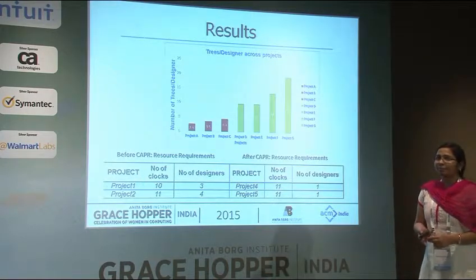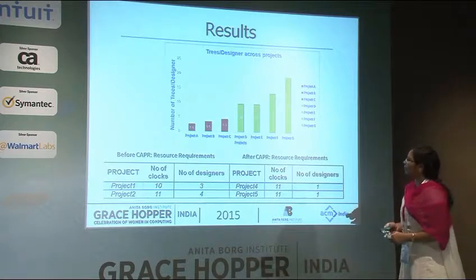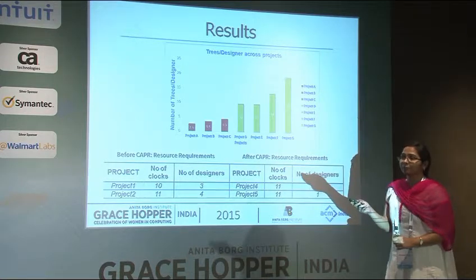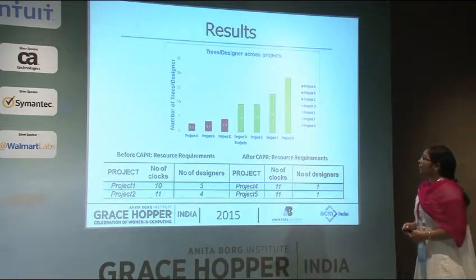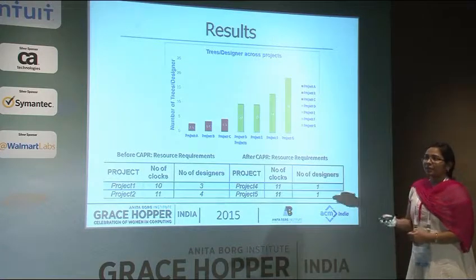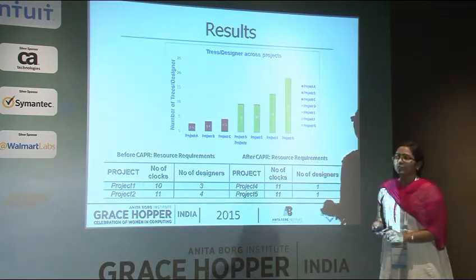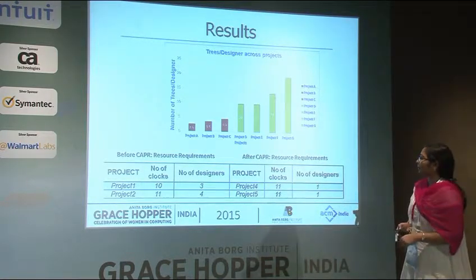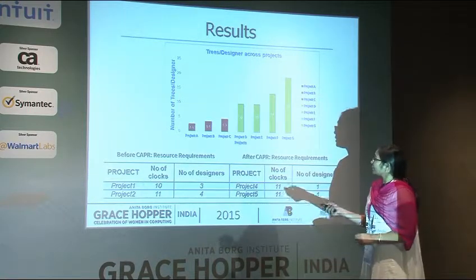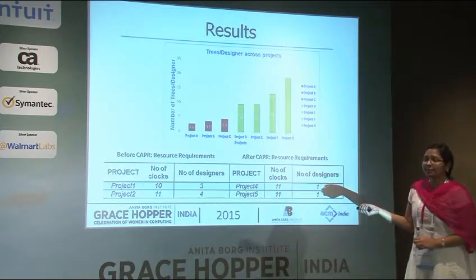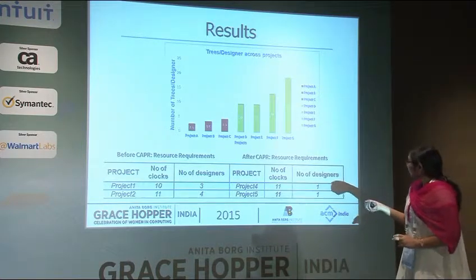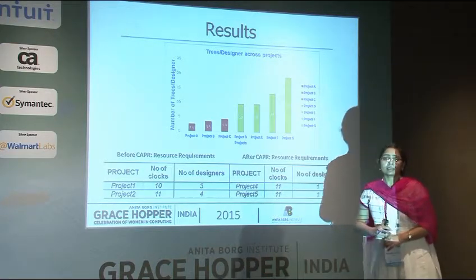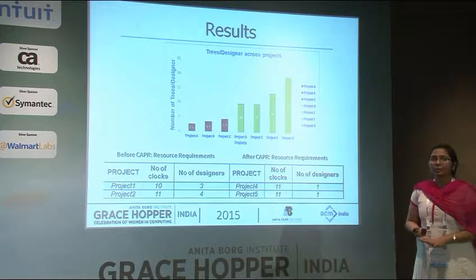Suppose in a 1 week time frame, people will handle 2 to 5 trees. It was really difficult to meet the schedule before Capper. After Capper, the same designer is able to handle 20 trees, which makes a significant productivity gain. If you see in project 1, almost 10 trees were there and 3 designers worked, and comparatively for 11 clocks, only 1 designer handled it. So it's a really significant improvement in productivity.